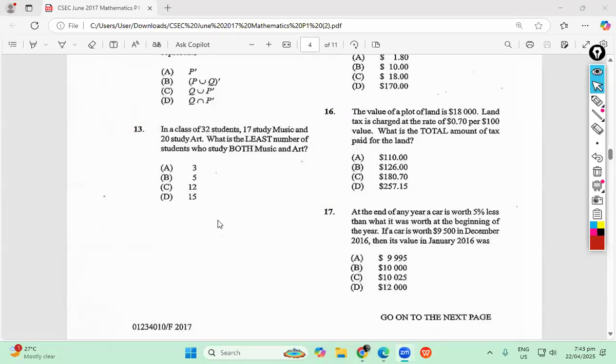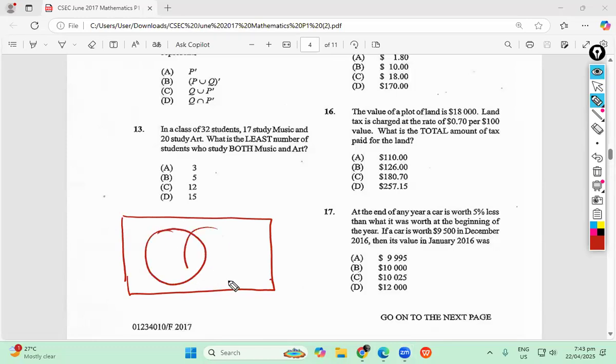So for number 13, if you're familiar with Venn diagrams, right? Let me just have it here. It has music and art. They said 17 students study music and 20 study art, but it only has 32 students in total, which kind of raises a problem, I guess.